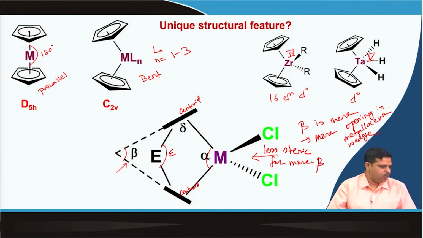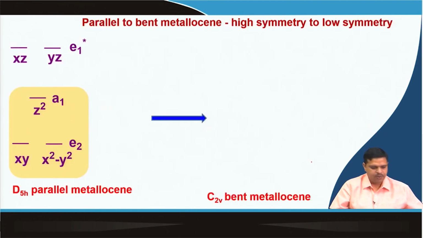That we will try to understand by using the molecular orbitals, and we will construct them from the parallel metallocene so that we can understand very easily. We will compare what will happen in the bent metallocene relative to the parallel metallocene.